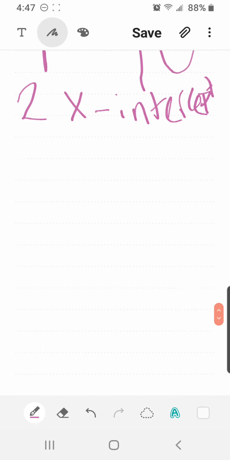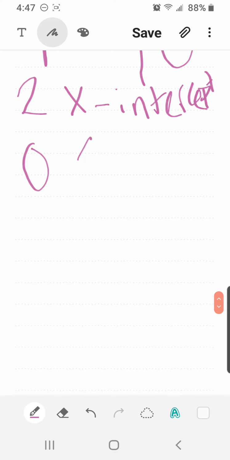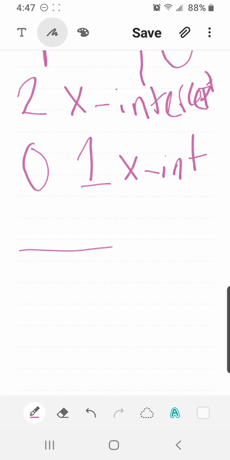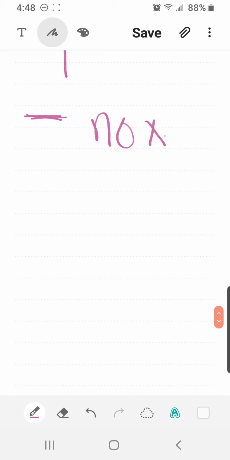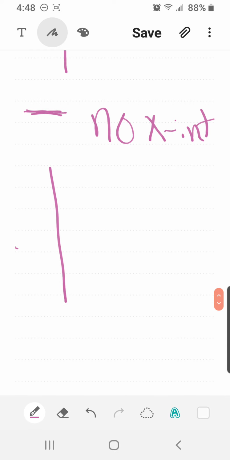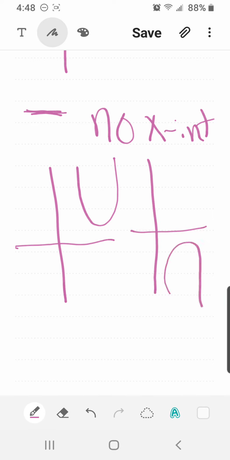If it is 0, we only have one x-intercept, which just means we come down and we touch that axis once. And then if it's negative, we have no x-intercepts, which means that it's either always above or always below the x-axis.